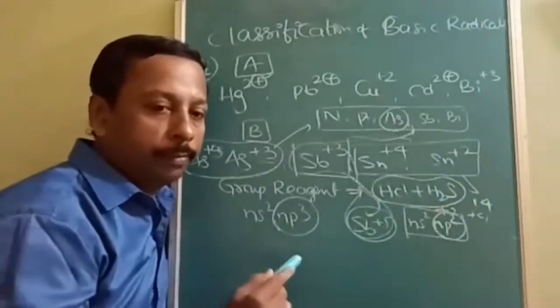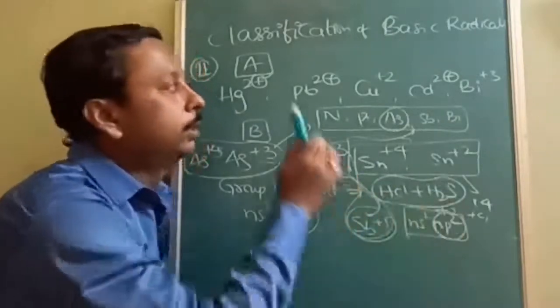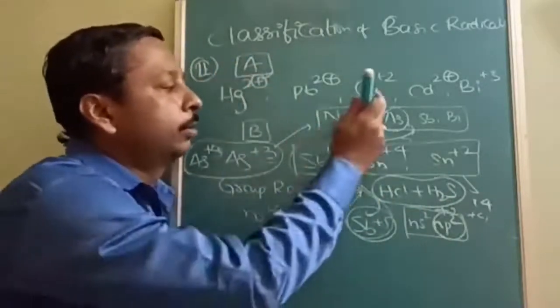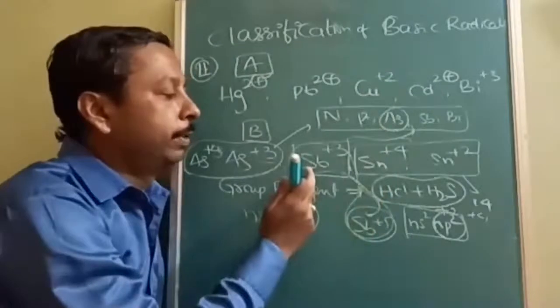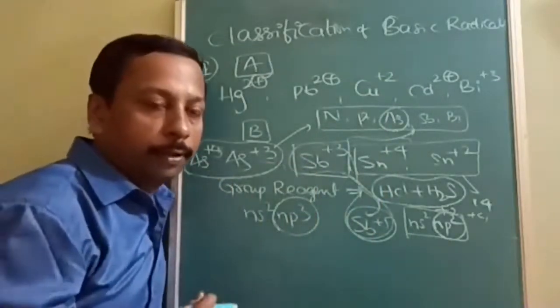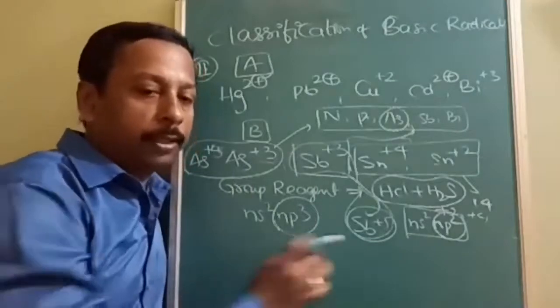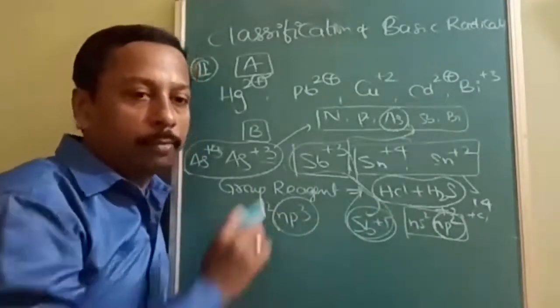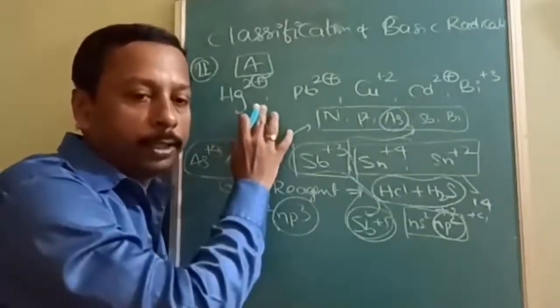If it is confirmed that it belongs to the second group, then we do separate tests for copper, tin, Sb, arsenic, like that. Confirmatory tests will be there. Only this group reagent will confirm the presence of this group's basic radical.